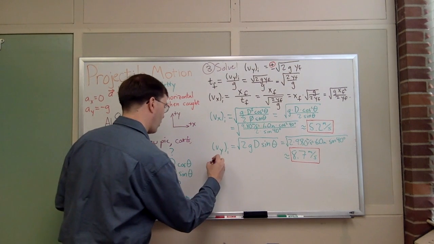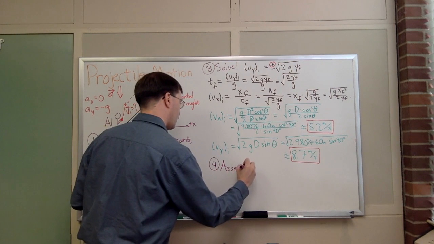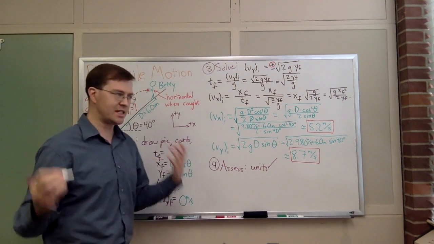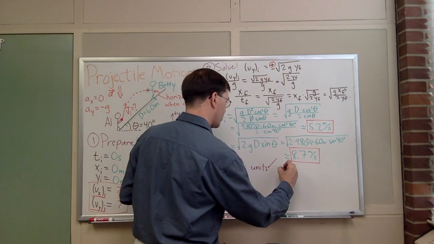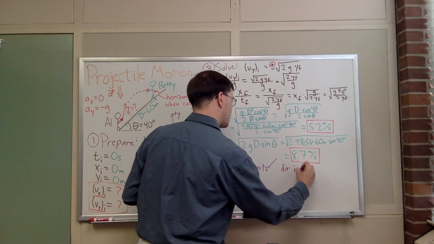Step 4 for any physics problem is to assess your answer. My units worked. I did that along the way because it's instinct. The direction of my vector is reasonable for the story.